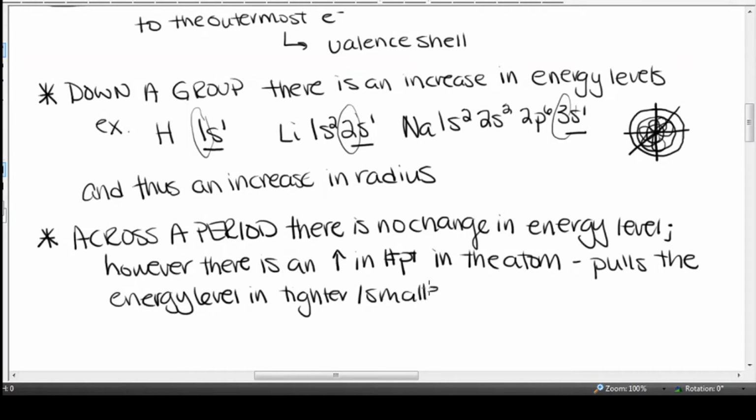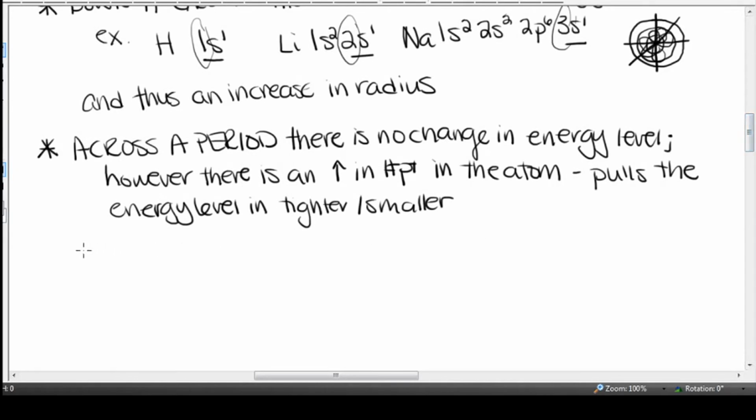So let's take a look. If we look at sodium, 1s2, 2s2, 2p6, 3s1. This is sodium. 11 protons.